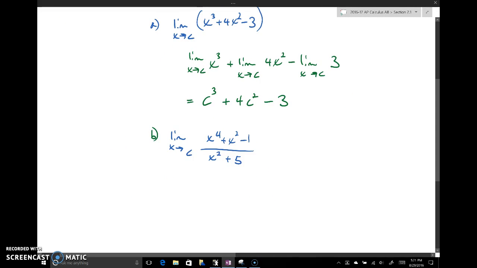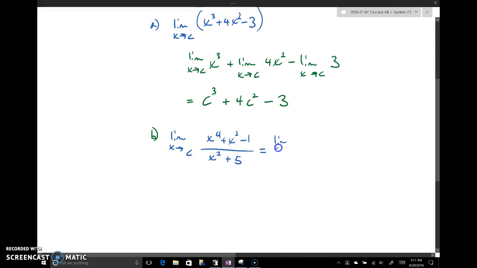So remember, before we use the quotient rule, we have to check to make sure that the denominator won't be 0. It's hard because we're using c and not a real number, but we can verify that because anything we plug in for x is going to be positive because we're squaring it. We're not dealing with imaginary numbers at all in this class, so we know the bottom will always be bigger than 0. So we can use that rule.